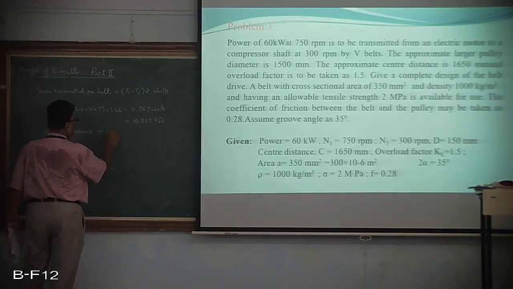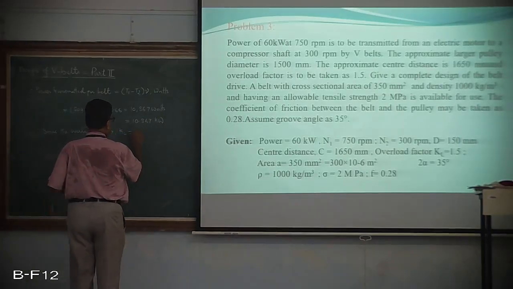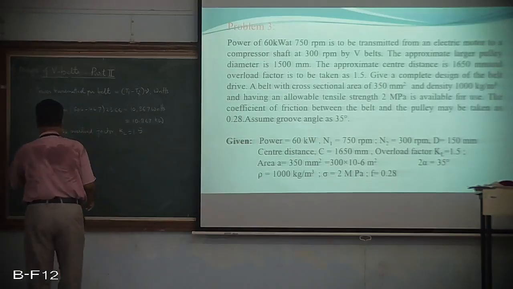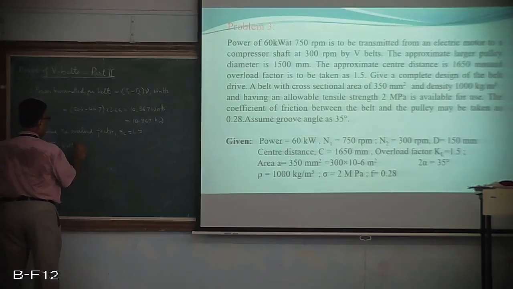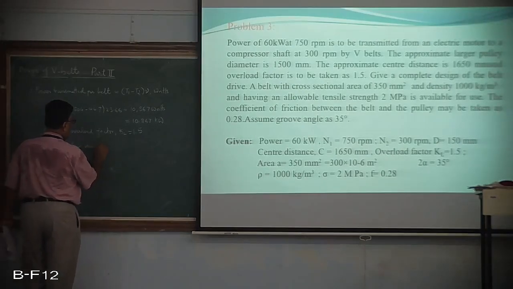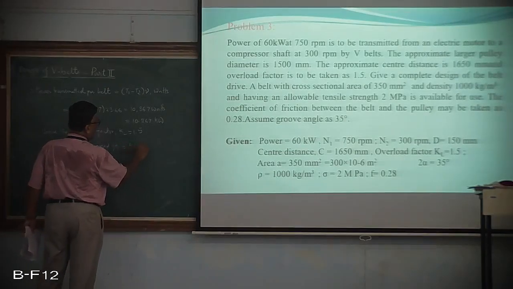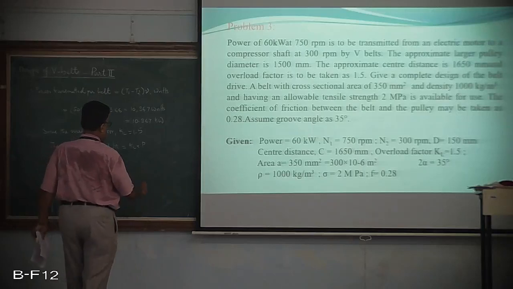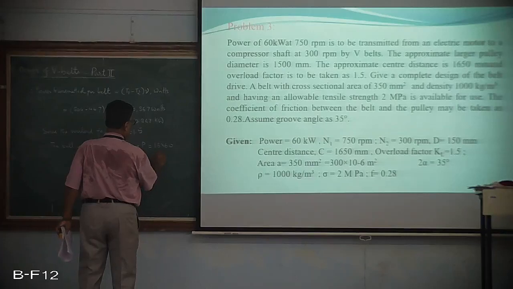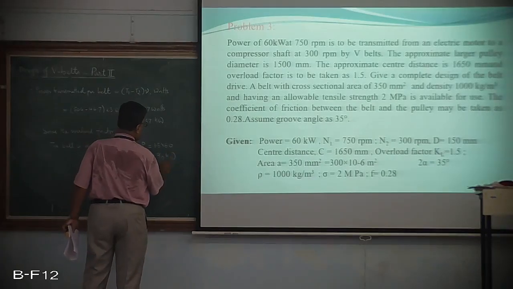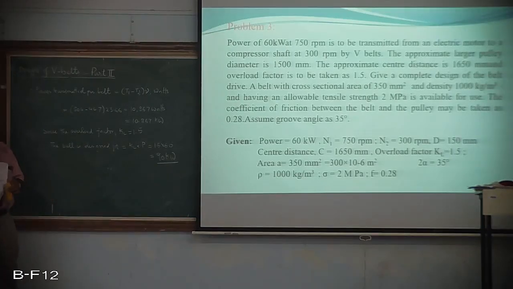Since the overload factor KL is given as 1.5, the belt has to be designed for KL into the rated power, the actual power to be transmitted, 60 kilowatt. So it is 1.5 into 60, which is 90 kilowatt, and that is what we have to consider for finding the number of belts.